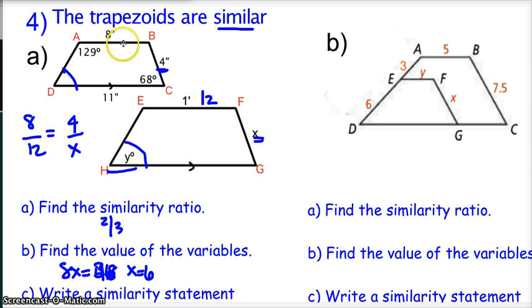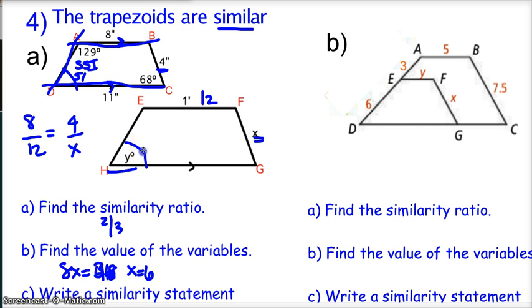One thing, and it looks like my little arrow is missing, these arrows, if you recall, mean parallel lines. When we have parallel lines cut by a transversal, we have some special angles. I see that I have same side interior angles. If lines are parallel, then same side interiors are supplementary. Given that this angle given is 129, its supplement would be 51.